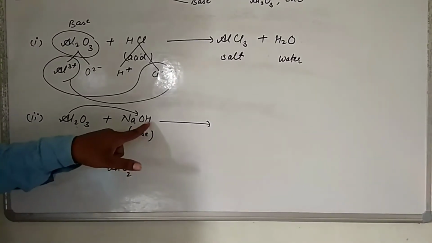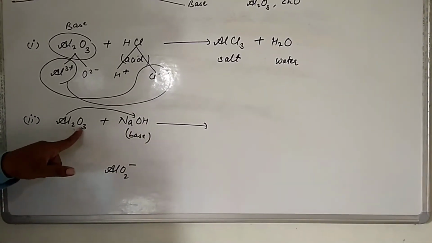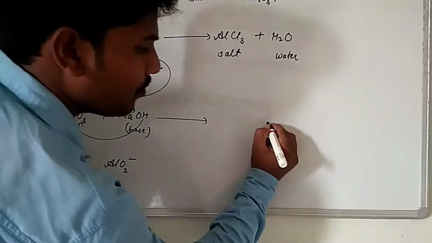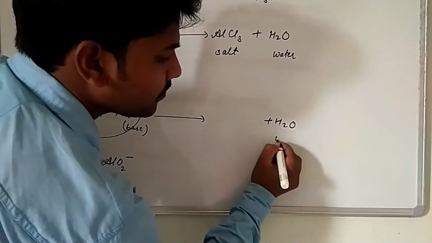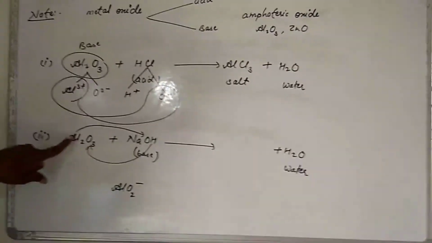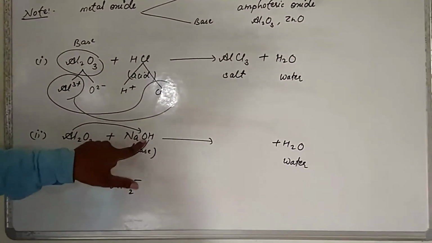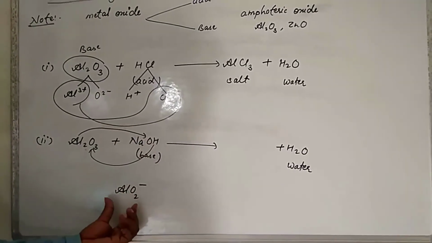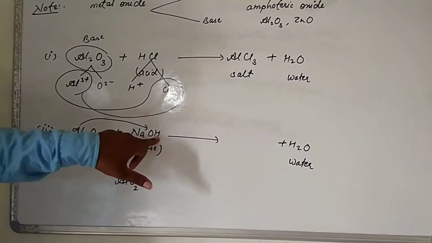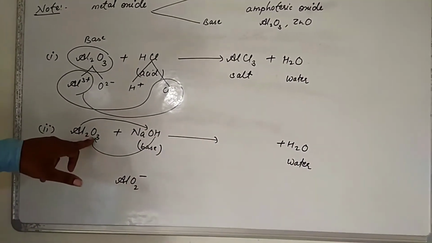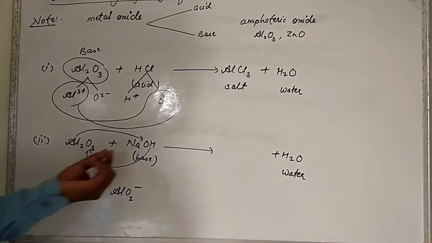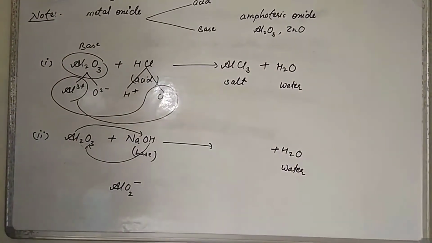And this hydrogen reacts with this oxygen and forms water. Once again children, this aluminum is oxidized with this oxygen and forms the radical aluminate, and this hydrogen is oxidized with this oxygen and forms water. Now the remaining is sodium.